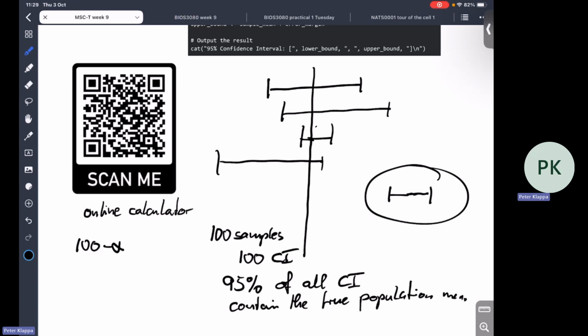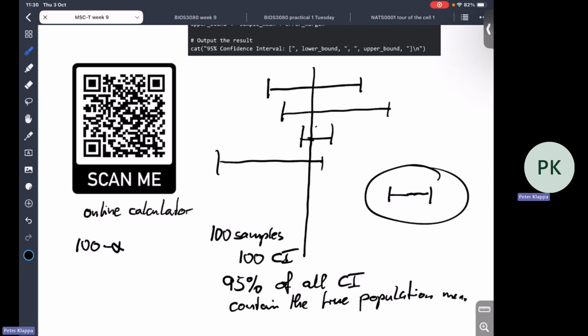Again, on average, 95% of the confidence intervals contain the true population mean. That is the true meaning of a confidence interval, but nobody gives a damn because everybody just says, oh yeah, it's a confidence interval.